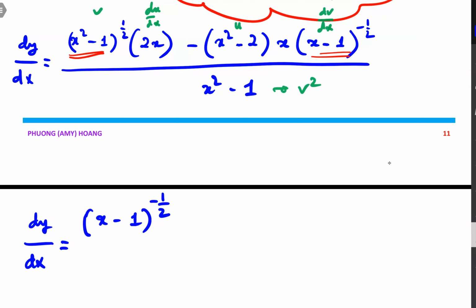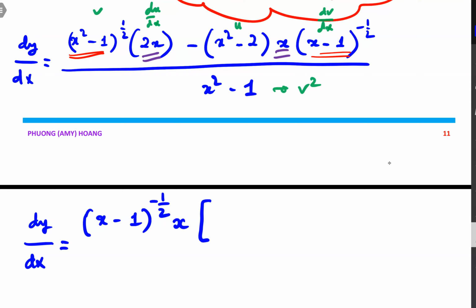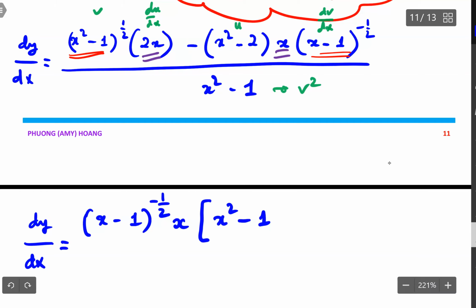Then 2x and x, I should have x as a common factor. Okay, so then what I have next is, inside this, since I pull out the half, divided by, so I should have x squared minus 1, this one just raised to the exponent 1.